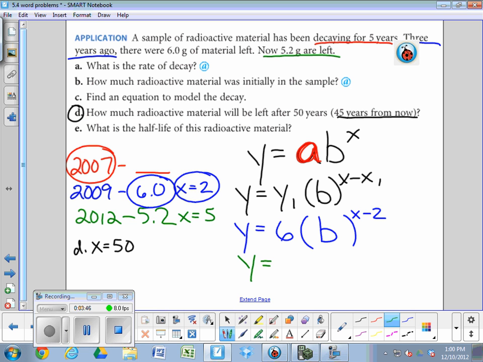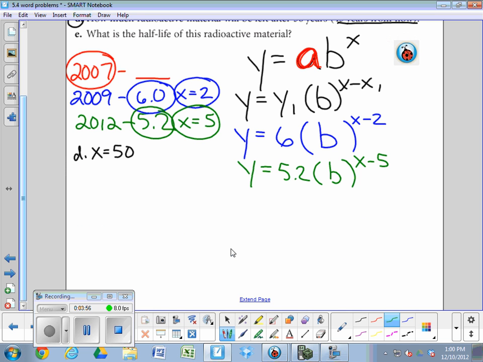Y equals, there were 5.2 grams left, times b to the x minus, how long did that take? 5 years. Now we can use both of those equations to solve for b. So we're going to get the decay factor. And then eventually we'll turn it into the decay rate. So there's a lot going on in this problem.